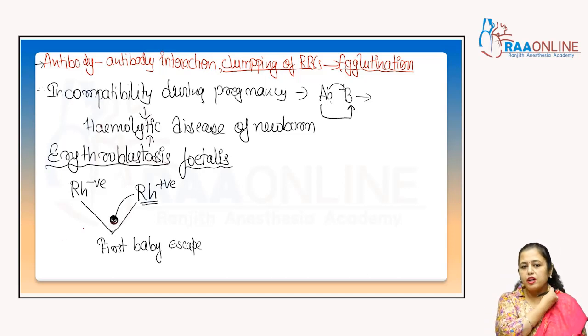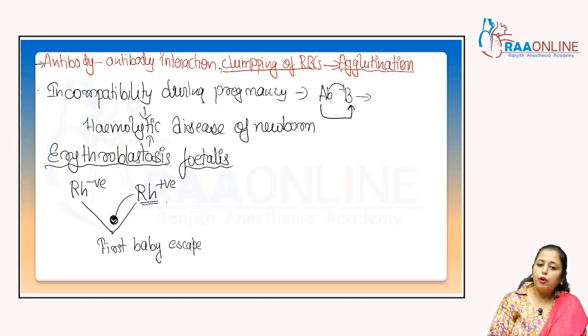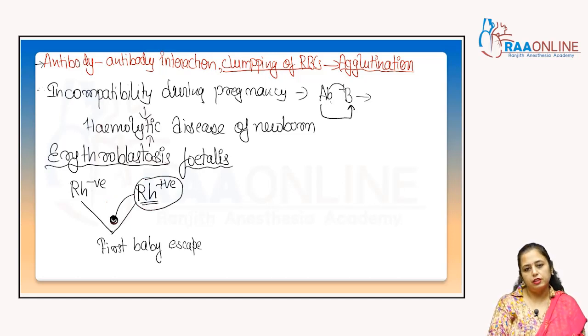For the mother's body it is a foreign substance, a foreign tissue or harmful. So the antibodies which were formed against that Rh positive destroy that fetal tissue. Clear? They attack it.